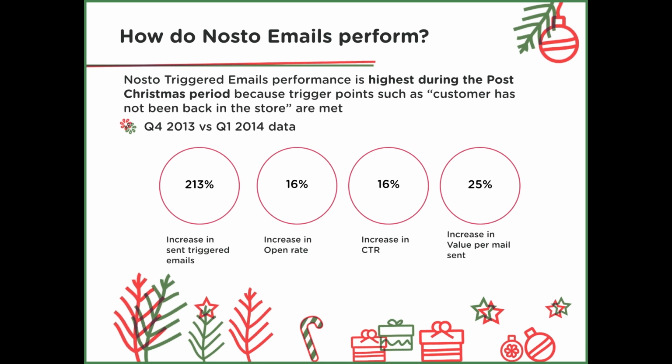There's also one negative KPI, but I think the most important aspect for you guys is that since the triggers increase, you will also be able to send a whole lot more of those triggered emails that actually do convert. So what we've seen last year is that in the post-Christmas period, January, February, March, the increase in those automated emails is actually pretty high.